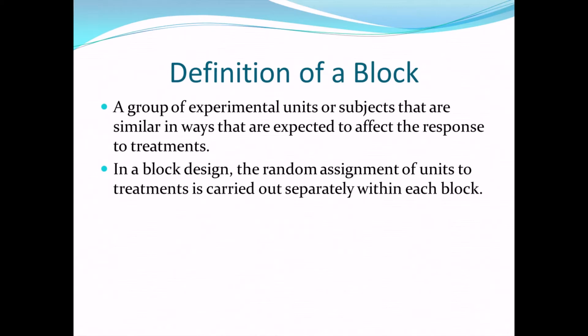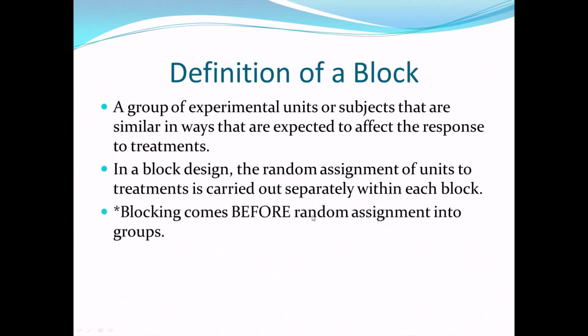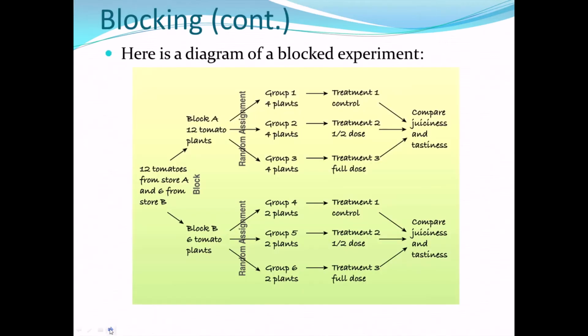But once you do, you're going to see that some people might put the randomization in the wrong spot. All right, so we'll get to that. So blocking comes before random assignment into groups. All right, so you split up into men and women, then you randomize each of those two categories into groups for treatments. Blocking comes before that. So when you see it, a block design is like doing multiple experiments at the same time.